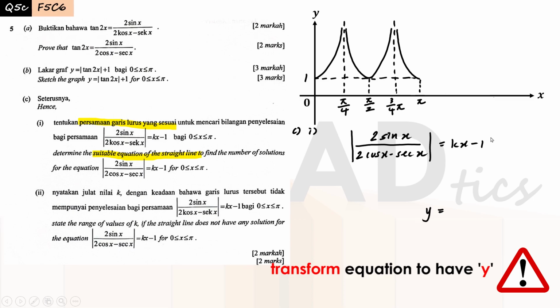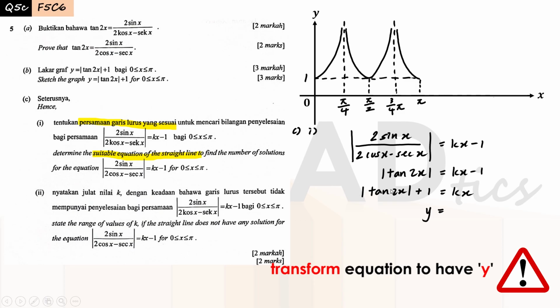What we need to do now is for this part, which is very familiar because it's in part A, the thing we proved just now. The things inside the modulus, we can change to tan 2x. If we look at the equation in part B, we have modulus tan 2x plus 1. Here we are missing the plus 1, so we can move this negative 1 to the other side.